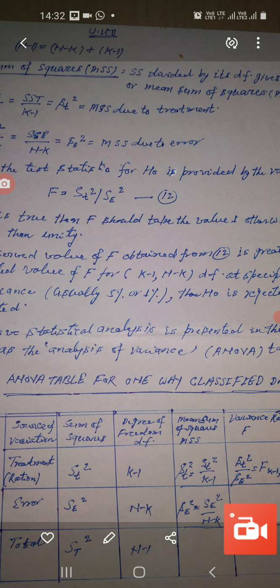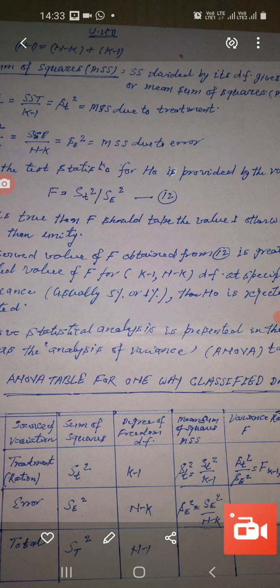Number 1, total sum of squares, denoted as TSS, is equal to RSS, the raw sum of squares, minus CF, the correction factor, which is equal to double summation xij square minus g square by n, where g is the grand total of the observations and n is the total number of observations.